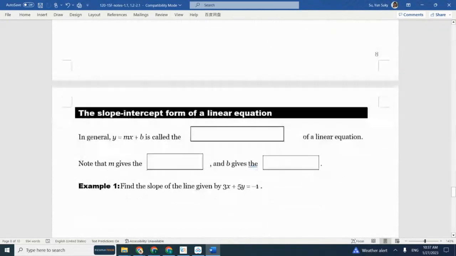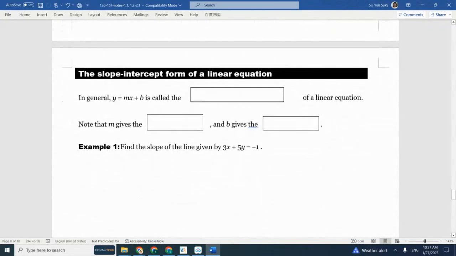So, slope-intercept form. In general, y equals mx plus b is called the slope-intercept form of a linear equation. Notice that m gives the slope, and b gives the y-intercept.